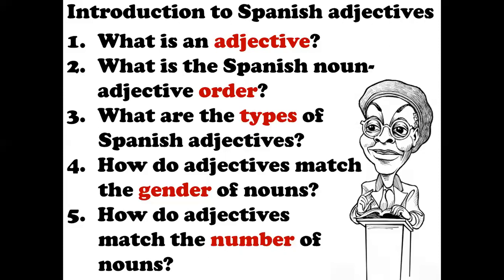Number three, it's in a consonant, and then two exceptions for that. If it ends in a consonant and it's a nationality, or if it ends in a consonant that is OR, AN, IN, ON, then it follows its own set of rules. How do adjectives match the gender of nouns? Again, those rules. Watch the video again if you need a review of that, and then the number as well. The same pluralization rules as nouns have, basically.